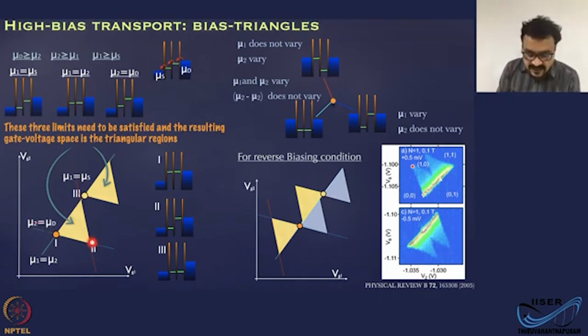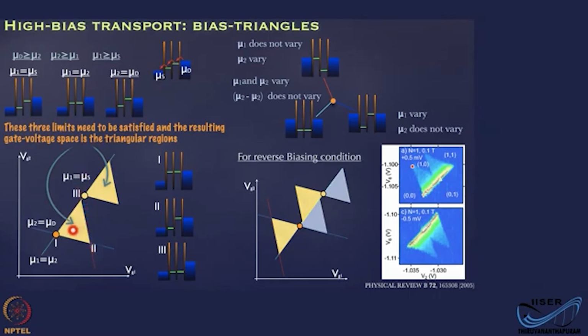So the area above this line, and similarly mu1 equal to mu s, the area left of this line. If the area right of this line corresponds to mu1 less than mu s, because the gate VG1 is getting more positive, that means this level goes below the source side. That is a Coulomb blockade region for that dot. So no transport is going to happen this side.